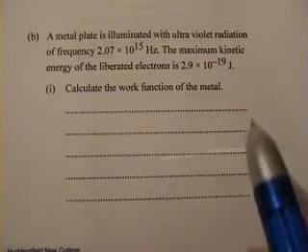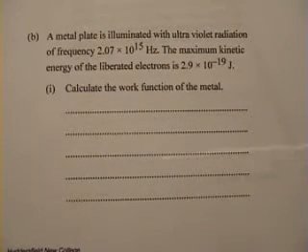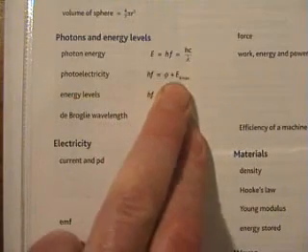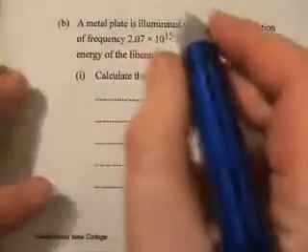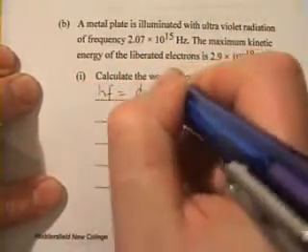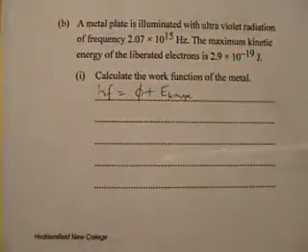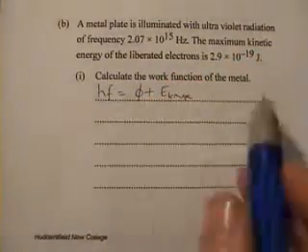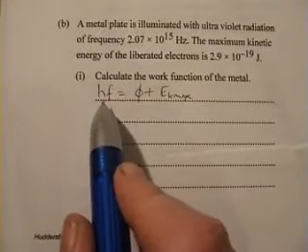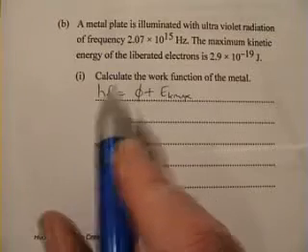We know we're dealing with the photoelectric effect, so we need to think of the equation. If we can't think of the equation, we'll look it up on the datasheet. There's the equation you'd have available in the exam: hf equals phi plus Ek max. What are all these terms? Hopefully we'll realise that hf is the energy of the photon that's causing the effect, that brings the energy in.